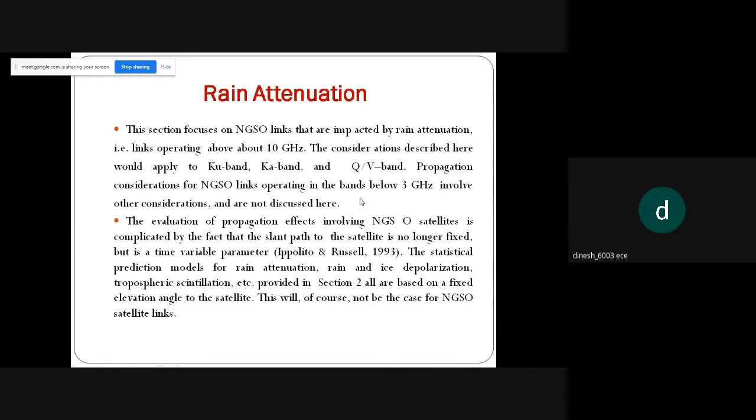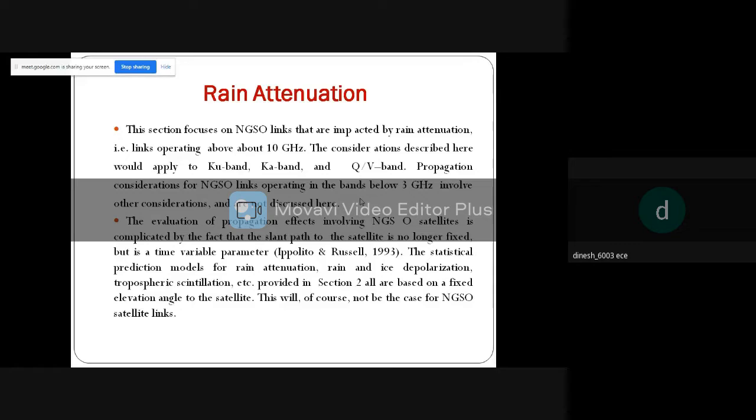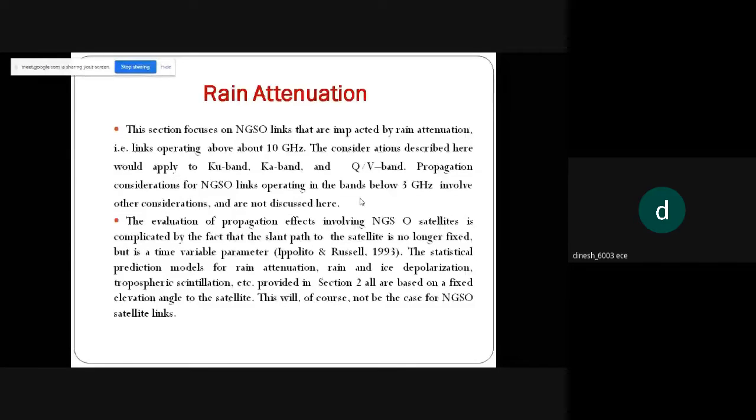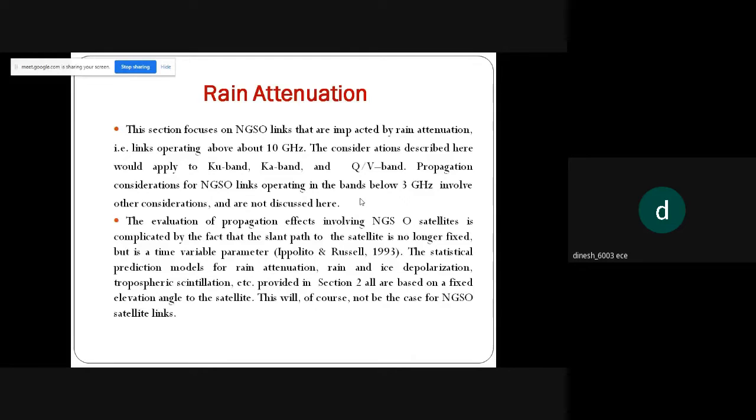Okay. So the evaluation of propagation effects involving non-geostationary orbiting satellites is complicated by the fact that the slant path to the satellite is no longer fixed. It is no longer fixed, but there will be a time variable parameter which is used.